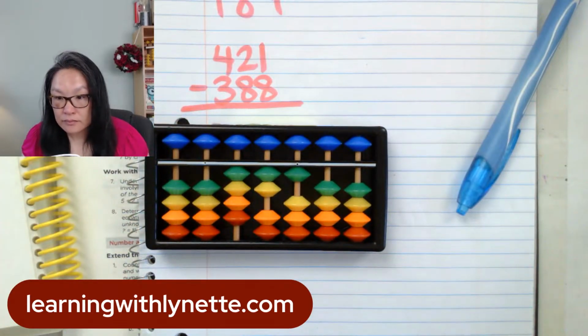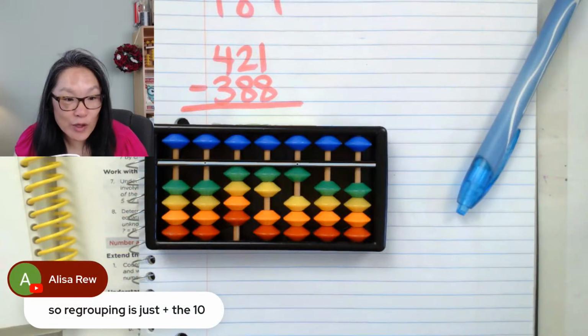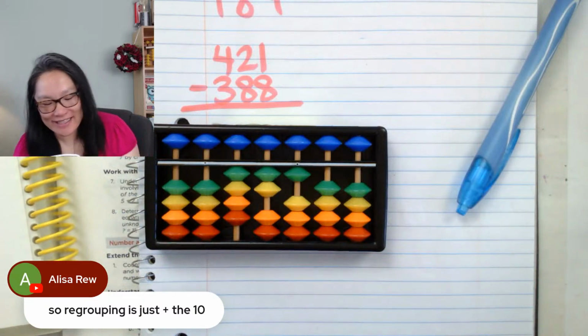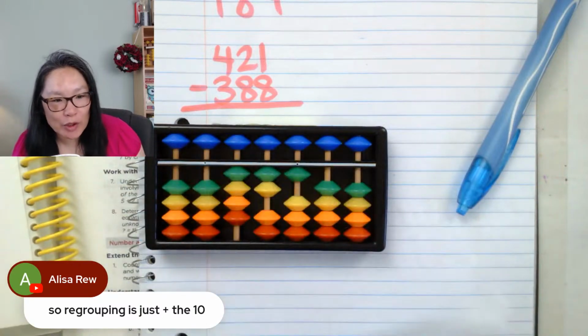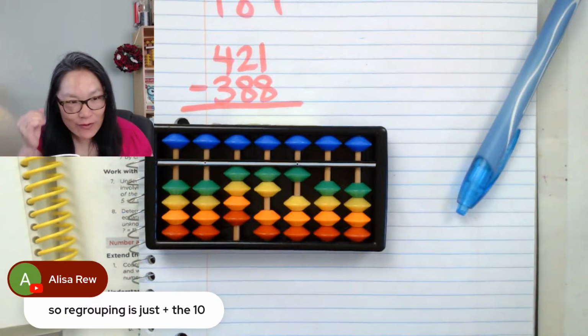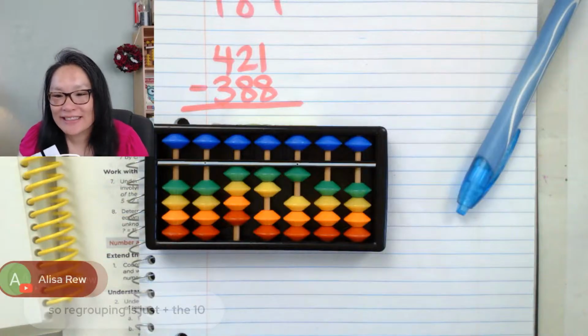Okay? Yes. Regrouping is just the 10s. Exactly. That's why it blows my mind. A regrouping is only the 10. You take away from the 10, you add the 10. That is as simple as it is.